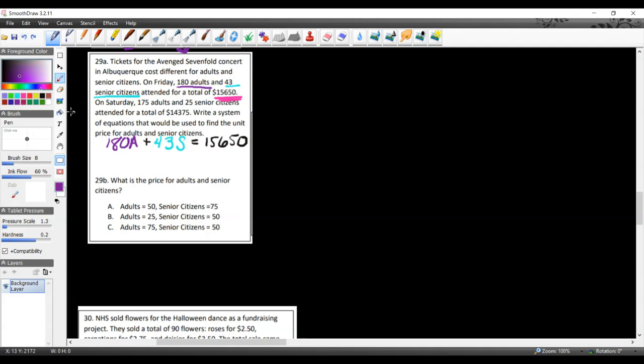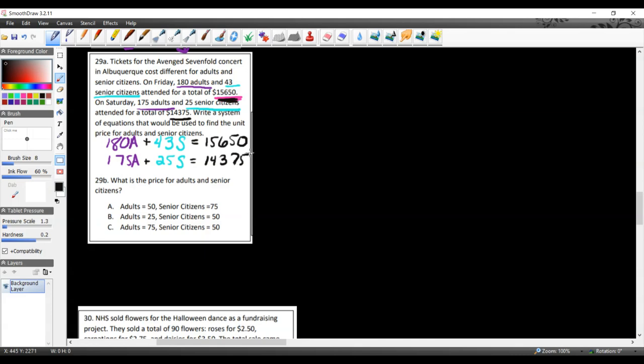So 175 adults. So 175A, plus 25 senior citizens. So I guess the senior citizens didn't want to go on Saturday. So 25 senior citizens, and that was equal to 14,375.